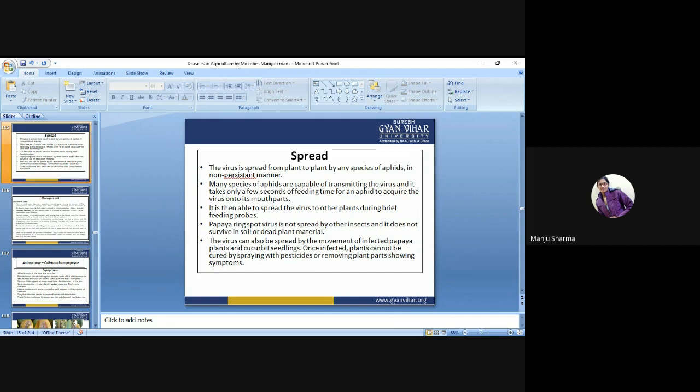Once infected, plants cannot be cured by spraying with pesticides or removing plant parts showing symptoms.